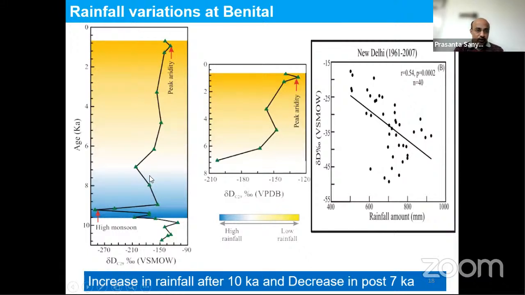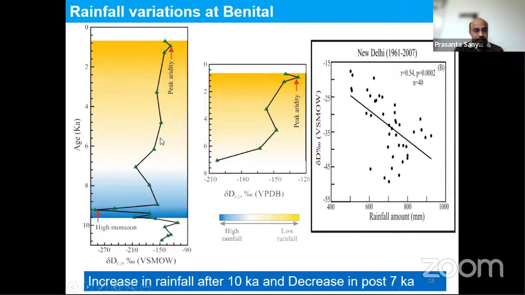In this graph, the vertical axis is age in kiloyear, and the horizontal axis is the hydrogen isotopic composition of the alkane. If you see the variation from around 10.5 kiloyear onwards, at around 10 kiloyear the hydrogen isotopic composition of the alkane suddenly got lowered, as low as around minus 270 per mil, and after that the value increased.